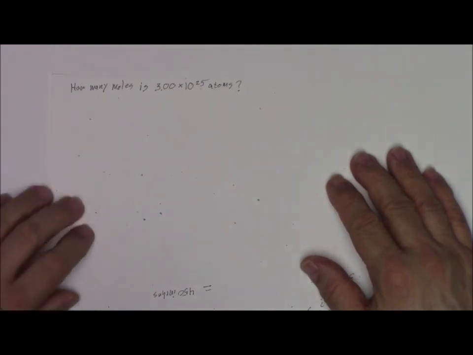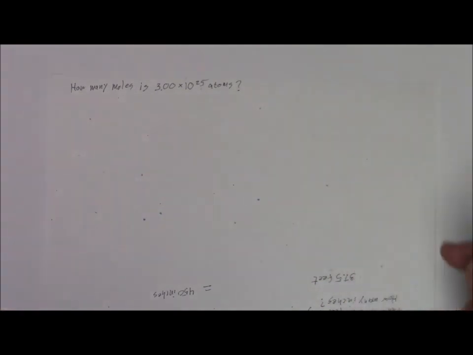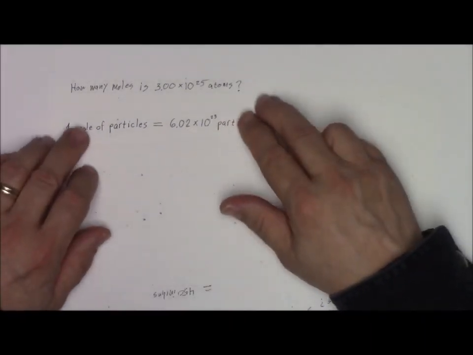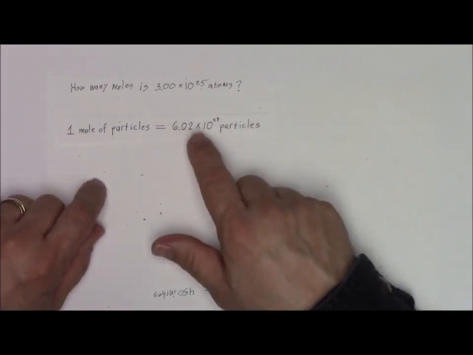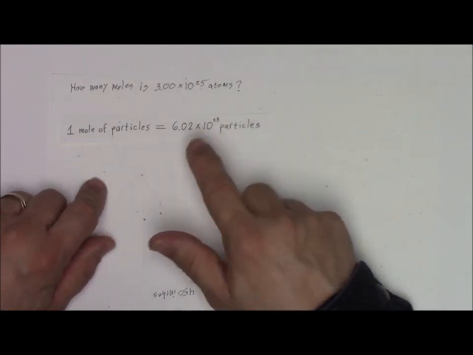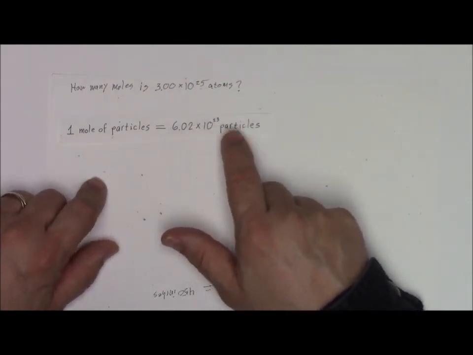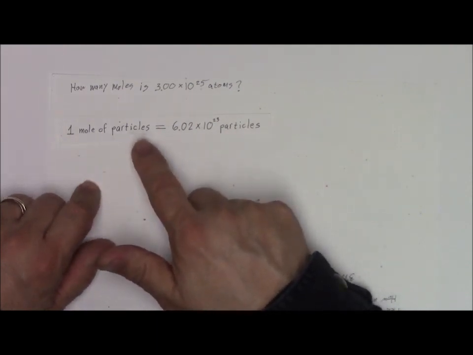Well, what do we know about moles and atoms, or more generally, moles and particles? Well, we know that 1 mole of particles is 6.02 times 10 to the 23rd of those particles. In other words, if I had 6.02 times 10 to the 23rd particles, I would have 1 mole of those particles.